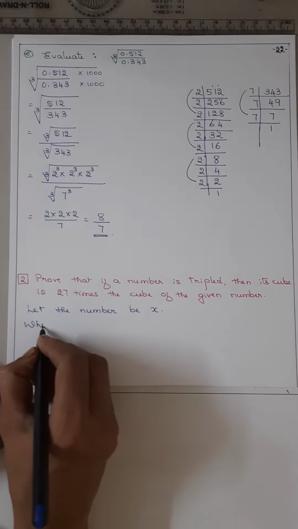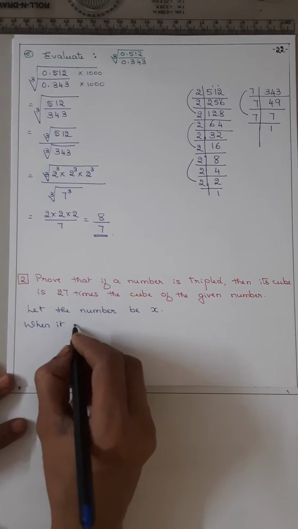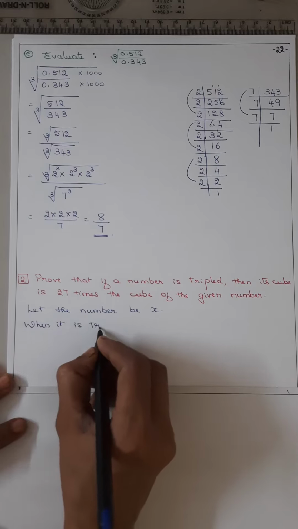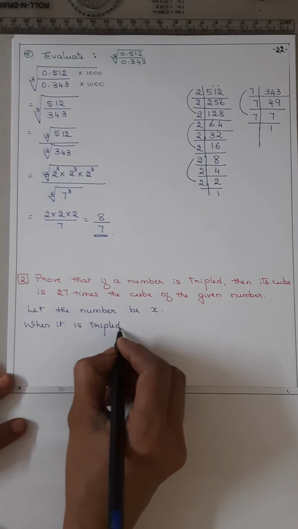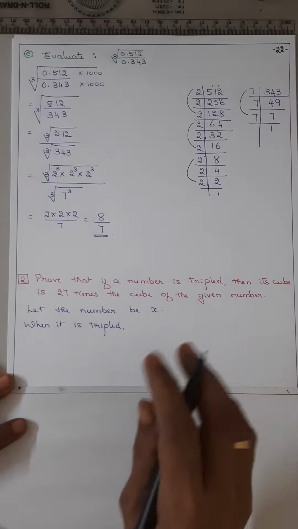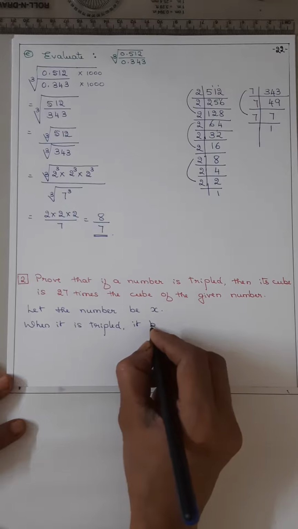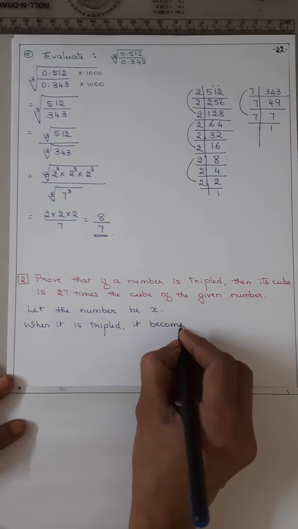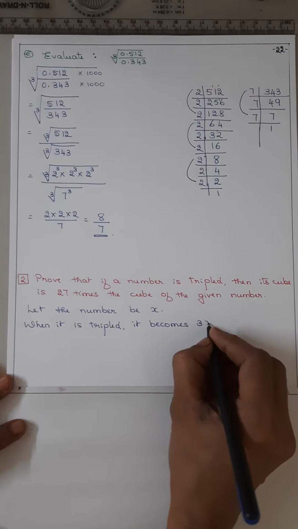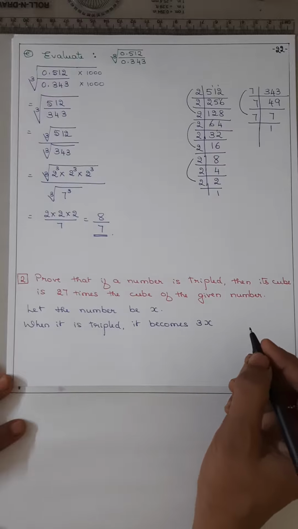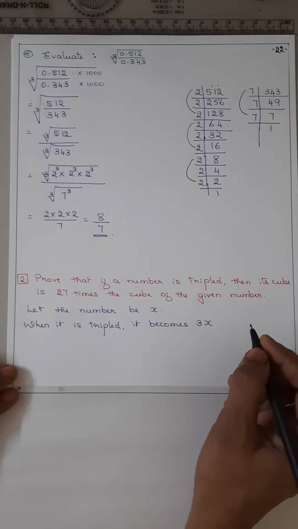When it is tripled, they have said the number is tripled. Tripled means 3 times. It becomes 3x. Tripled means multiplied by 3.